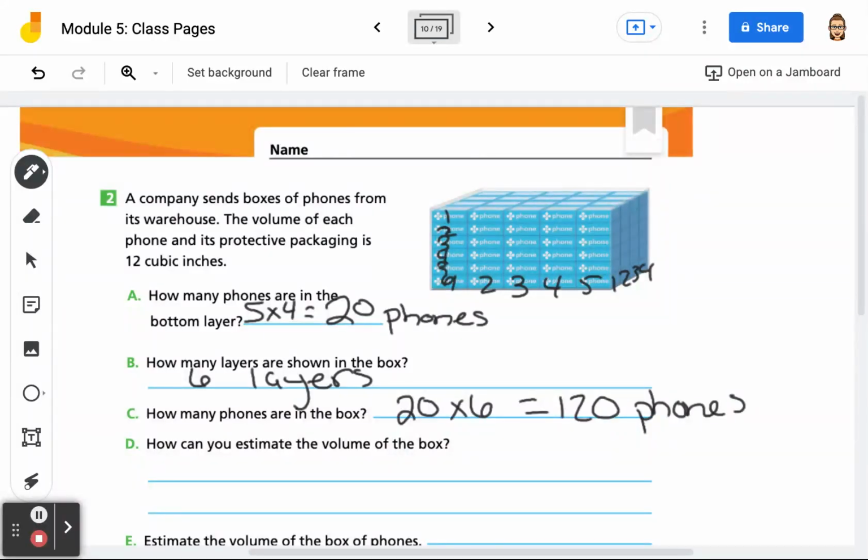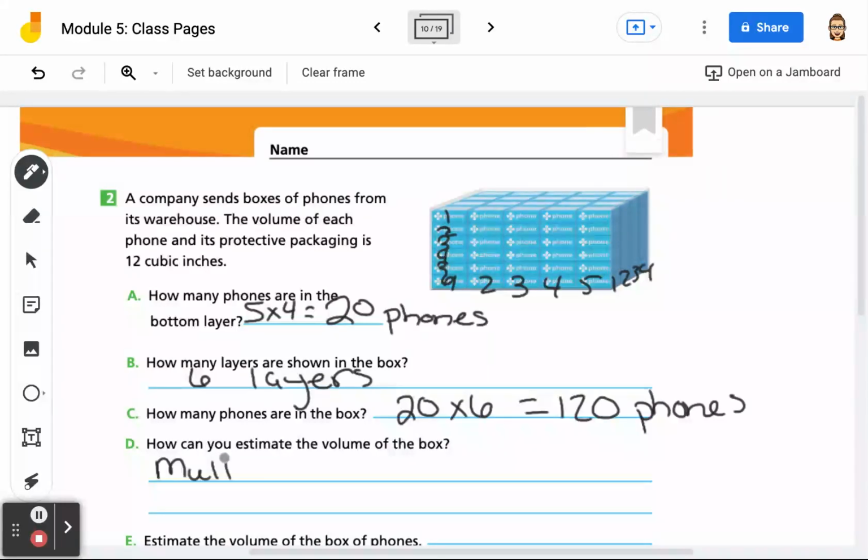Then it says, how can you estimate the volume of the box? Well, if there are 120 phones, and we know that each phone in the packaging is 12 cubic inches, we can multiply the number of phones by the volume of each phone.